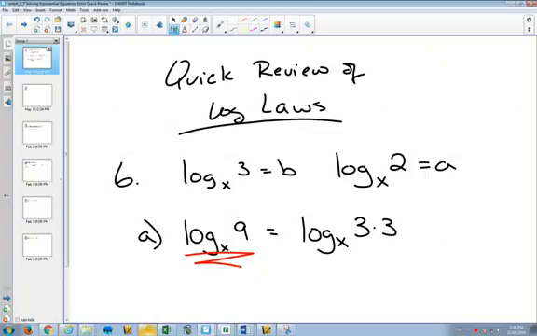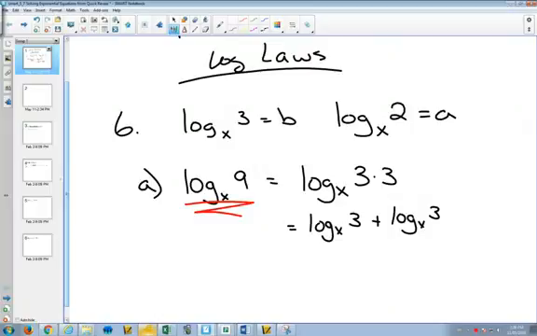And then you have multiplication inside of your log, which means that you could expand it as log x of 3 plus log x of 3. If you do that, well, log x of 3 is b, and log x of 3 is b, so the answer in terms of a and b is just 2b.